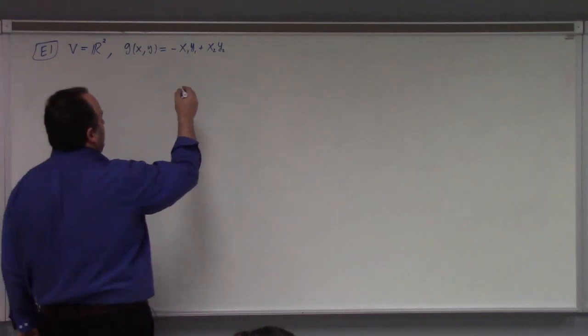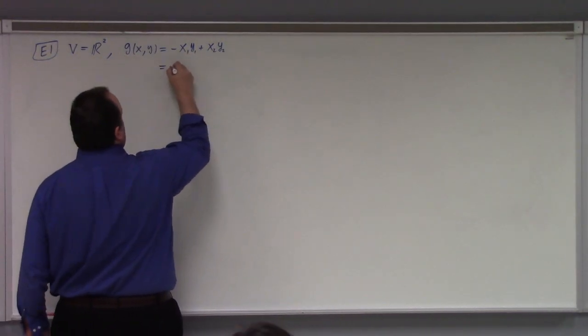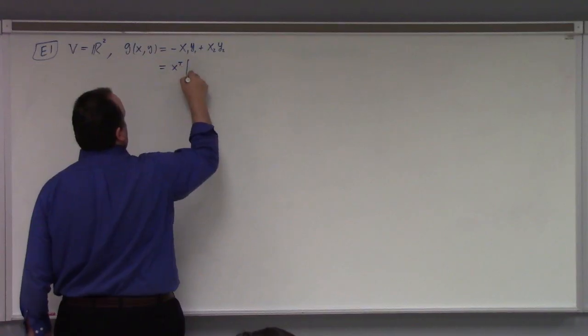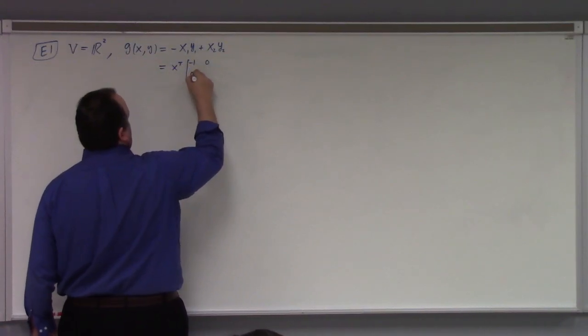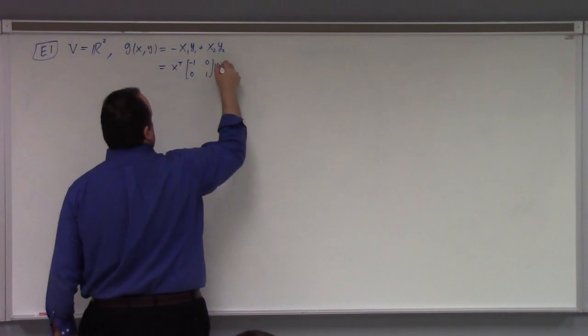Of course, we could write this as x transpose times the matrix [[-1, 0], [0, 1]] times y.